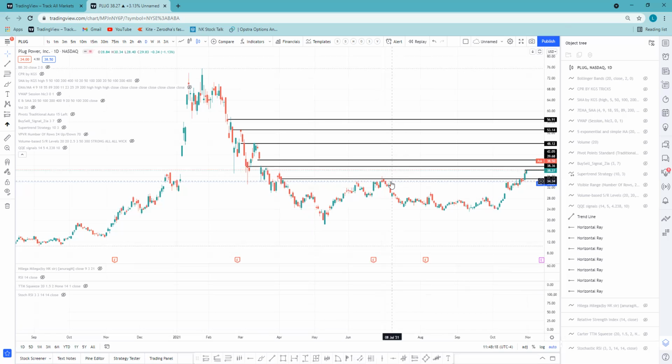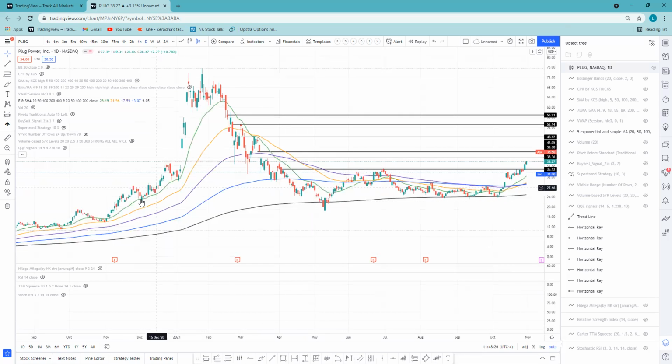They are there already. For example, let's put the 20 EMA here. 20 was providing support here, at $23, then it provided support at $31. So the support is changing, because this is dynamic.